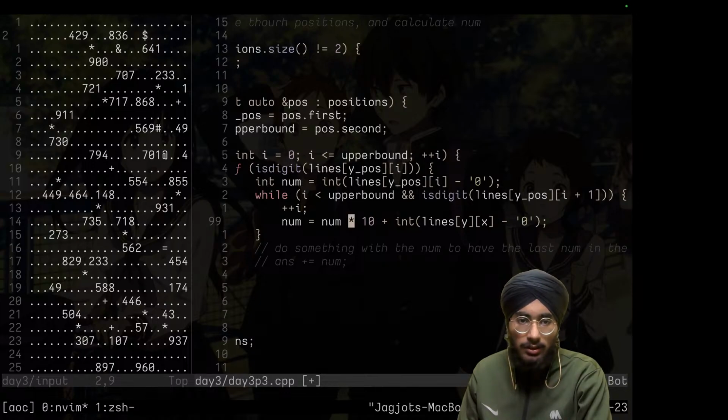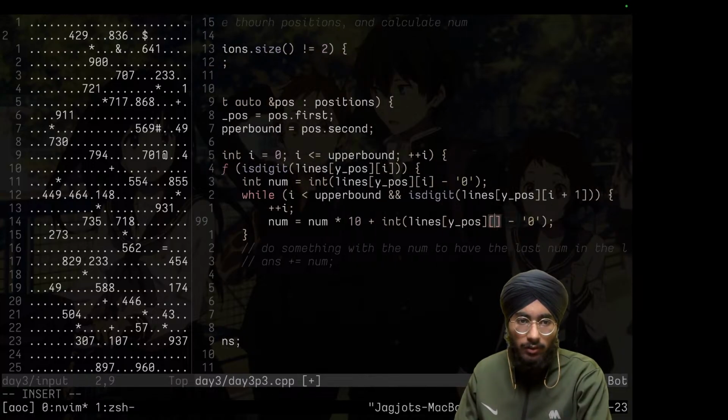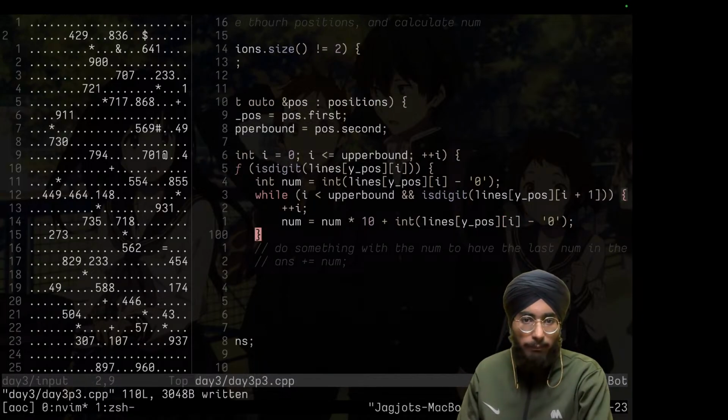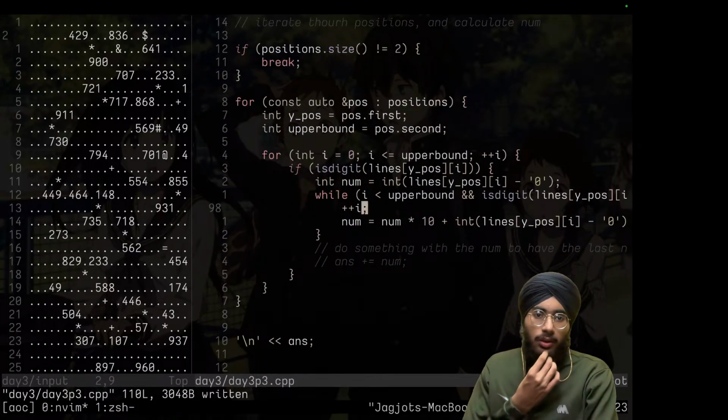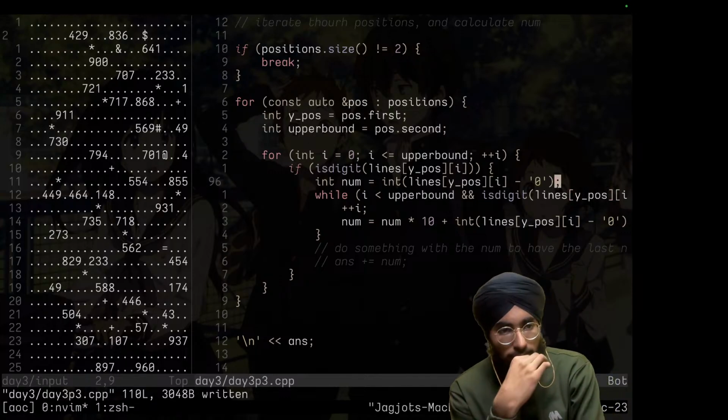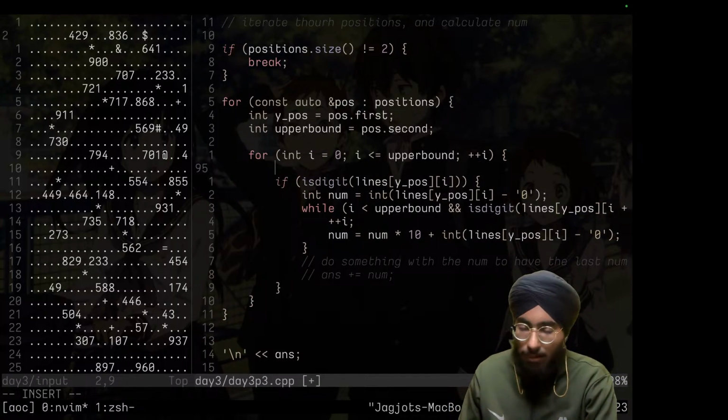I plus plus and Y position, and it is I. Yeah, we need to do something with the num. Make a variable here, right?